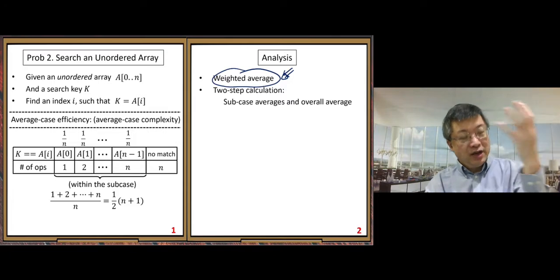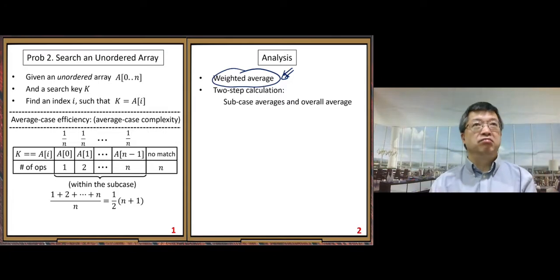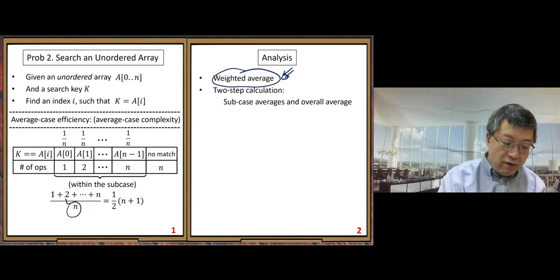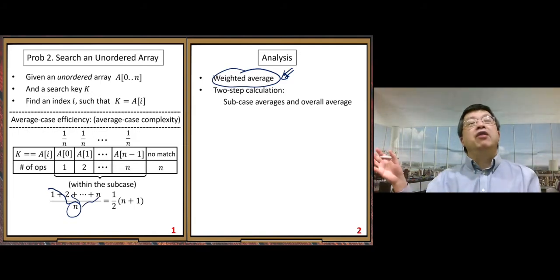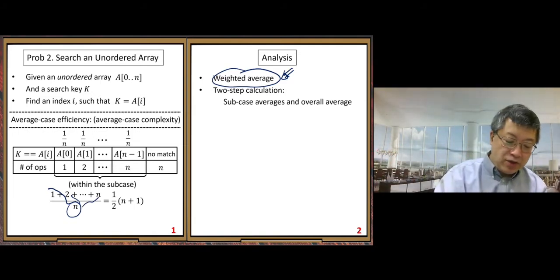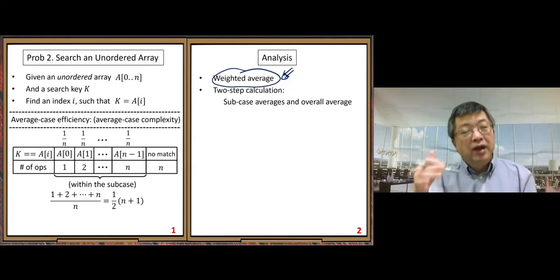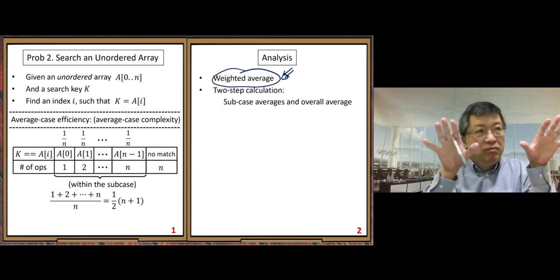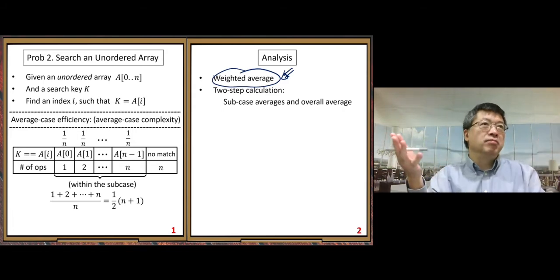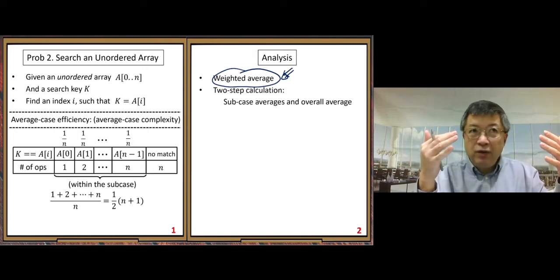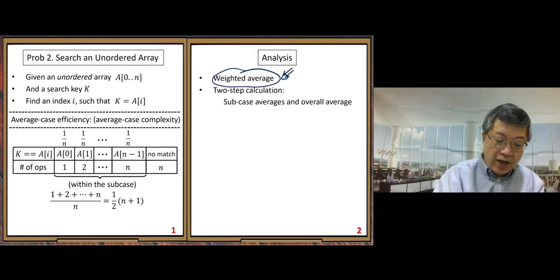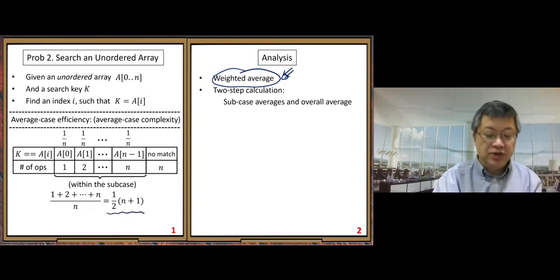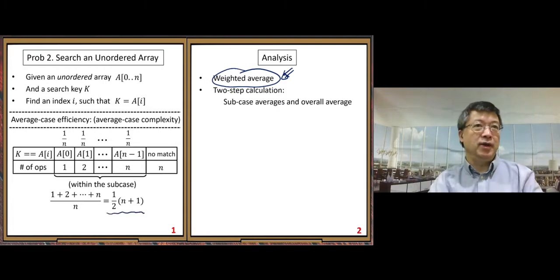Because the probability is the same, 1 over n, associated with the first, second, third, and the last, we can do 1 plus 2 plus through n divided by n, because the weights for all matching cases are the same. If the weights are different, we cannot do it this way. So the answer is 1/2 times (n plus 1), the average for the first subcase.